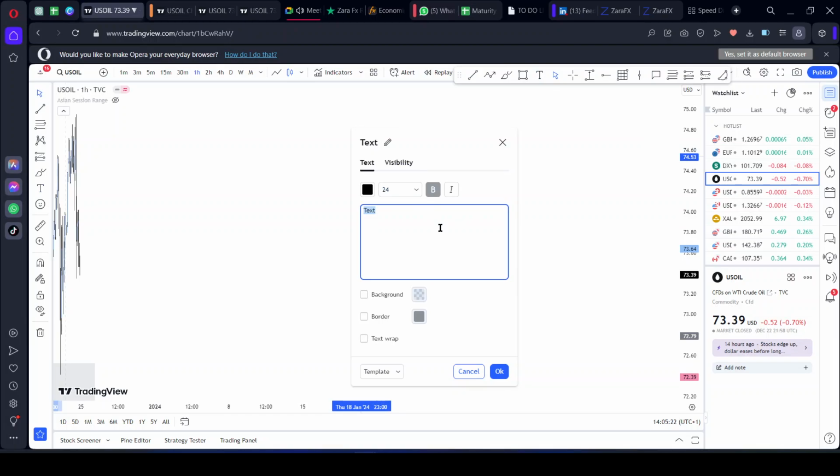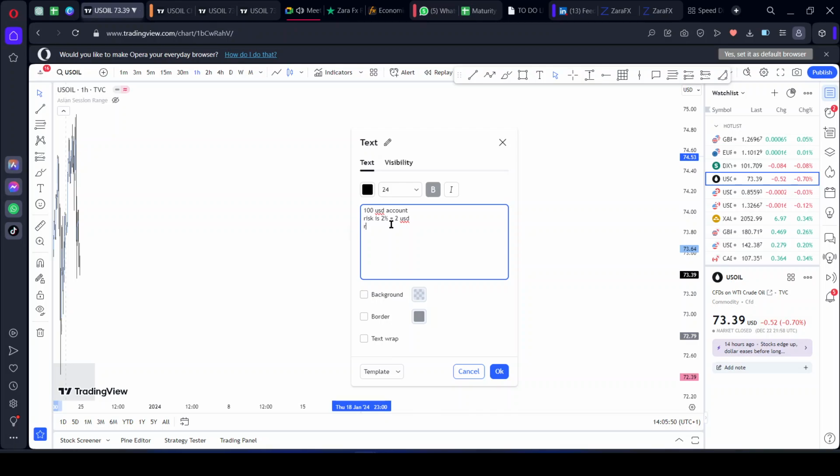So: 100 USD account, risk is 2 percent, which is equal to $2.